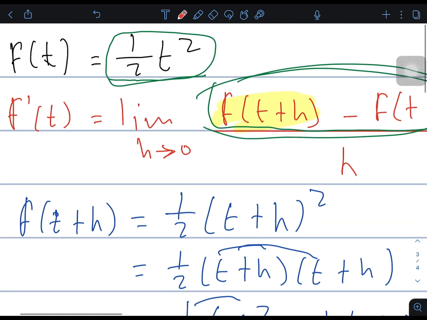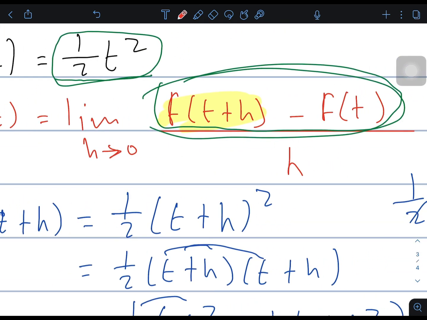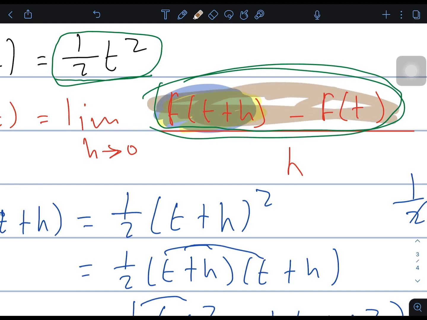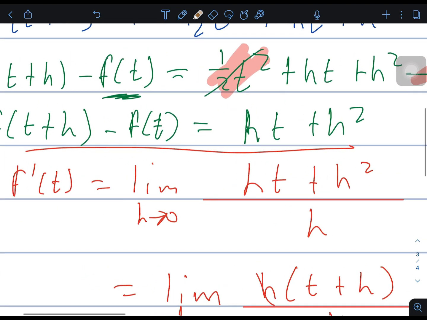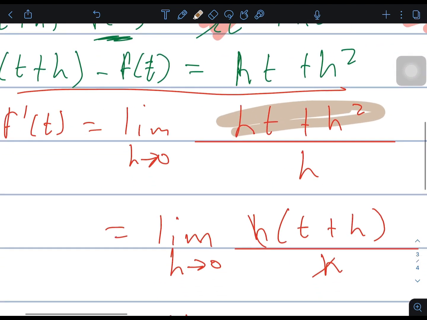When you are doing first principles, first calculate f of x plus h, and we simplify. After doing that we calculate again f of t plus h minus f of t, and we simplify. Only when you are done do you substitute into your formula, then factorize the h, which cancels the h in the denominator.